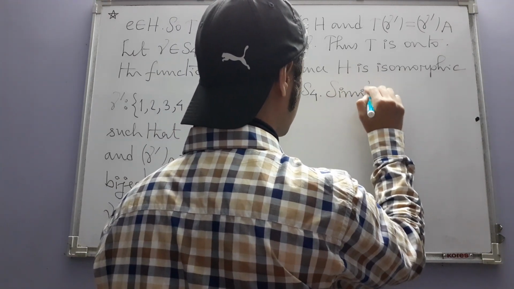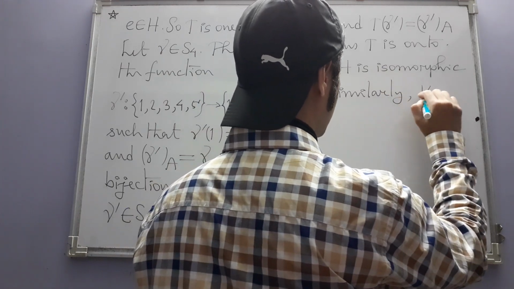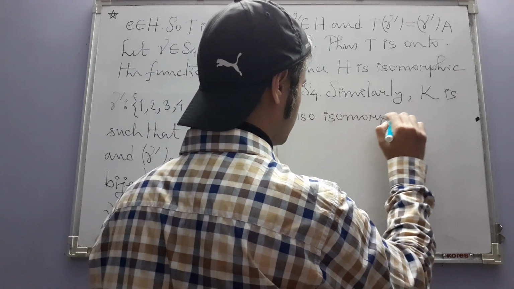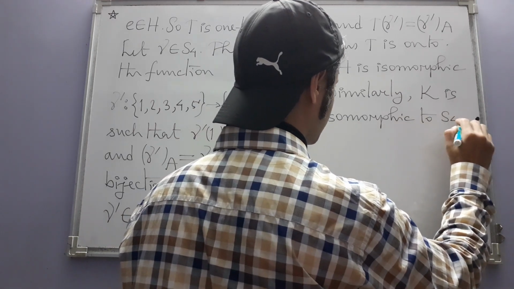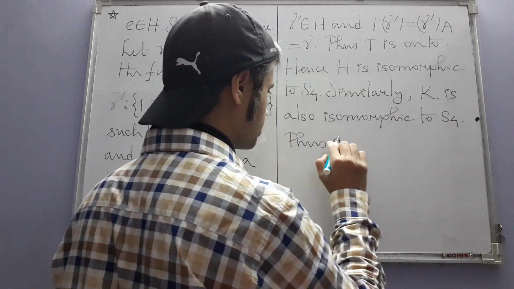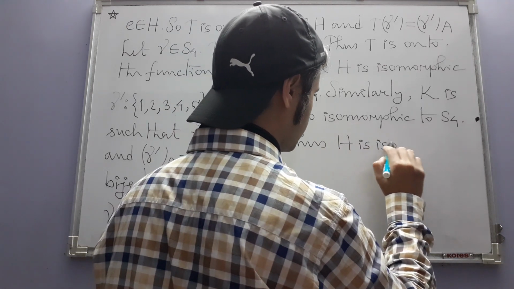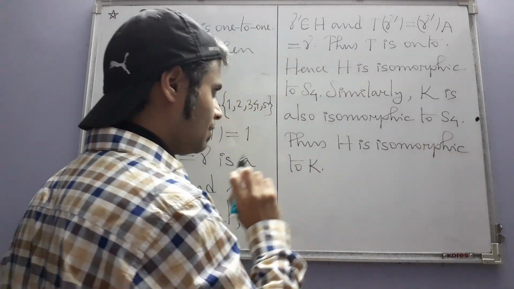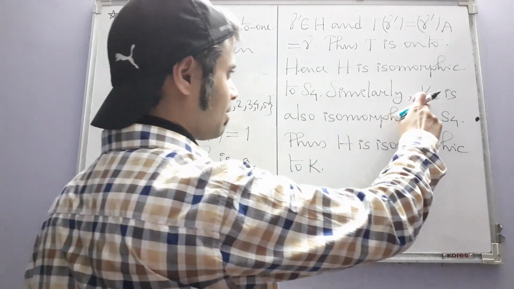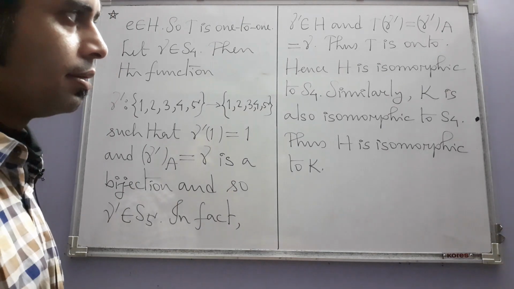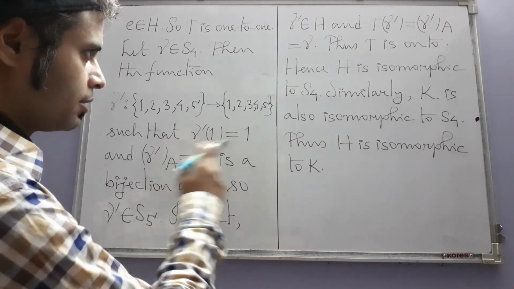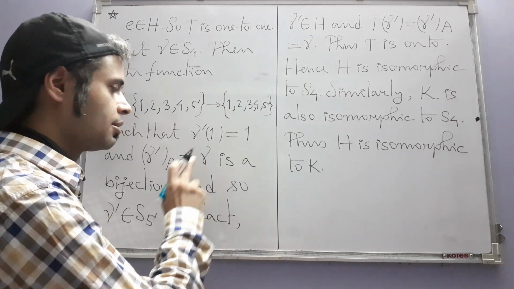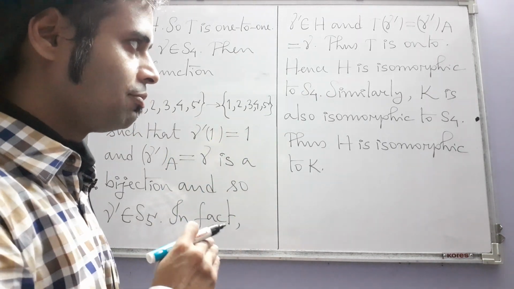Similarly, K is also isomorphic to S4. Thus H is isomorphic to K. Having seen all these things, you obviously understand how you have to go for the similar thing for K. There, in place of this capital A, you will have to consider another set which consists of 1, 3, 4 and 5, because K consists of those permutations in S5 that fix 2.